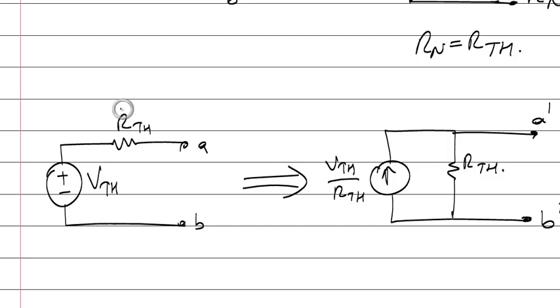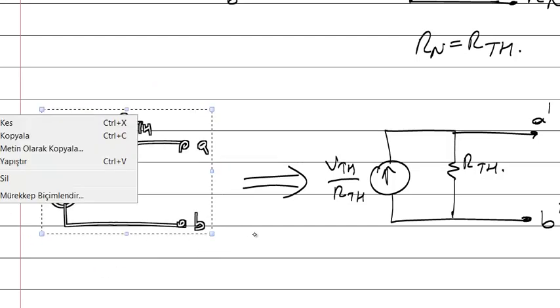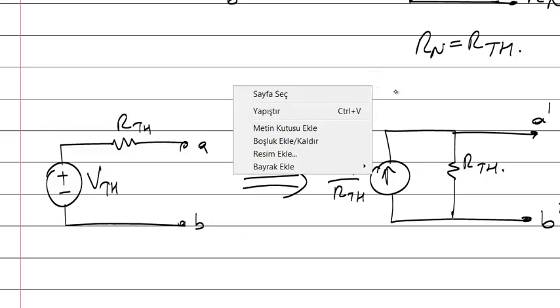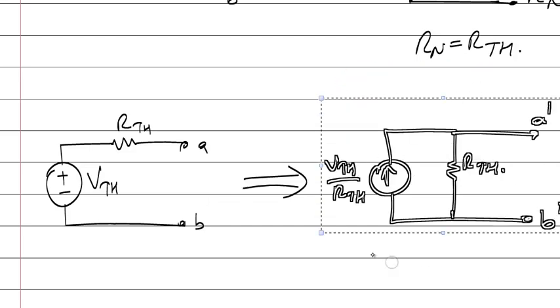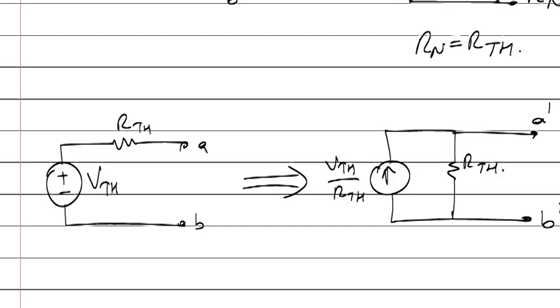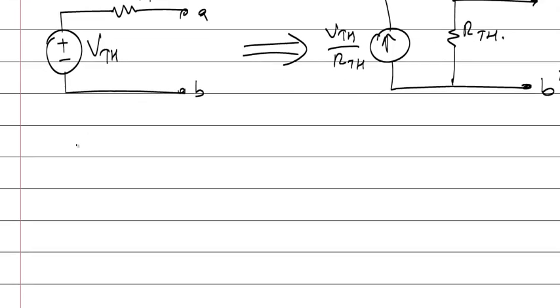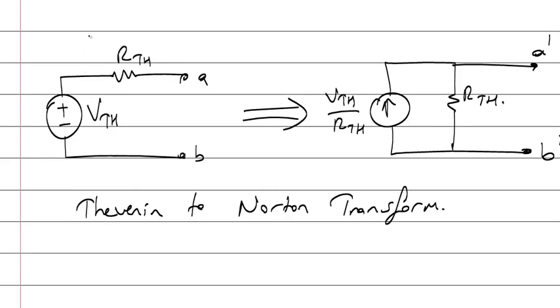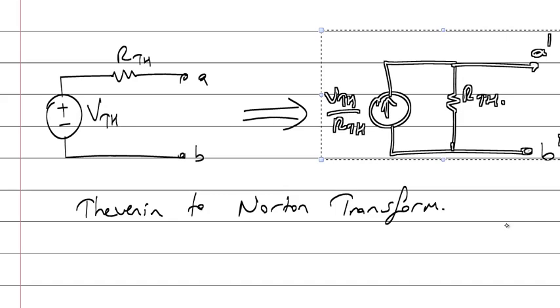So if I have a circuit like that, I can replace that circuit with the circuit on the right. This was a Thevenin to Norton transform. I had a Thevenin equivalent circuit. I have transformed that circuit into a Norton equivalent circuit.